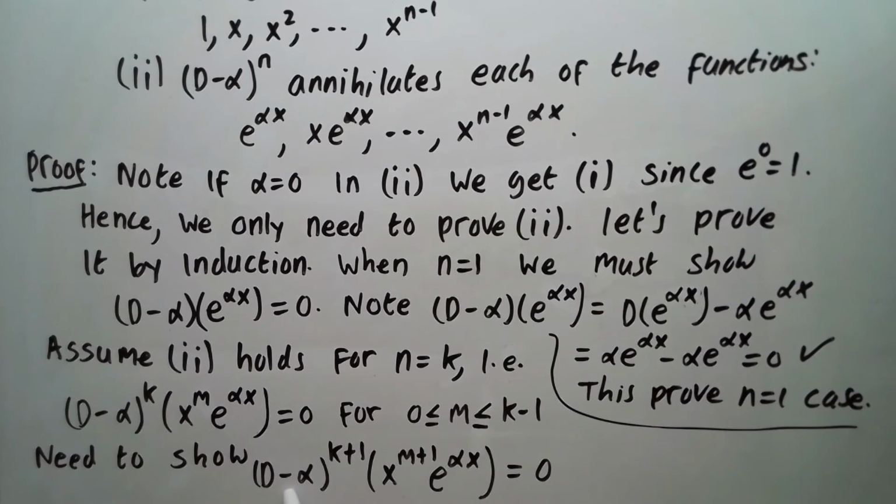So d minus alpha to the k plus 1 annihilates x to the m plus 1 e to the alpha x, where again m is in this range. Okay, so I'm out of space here, so let me erase a few things and we'll keep going.